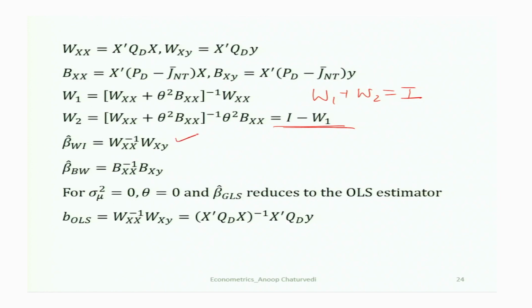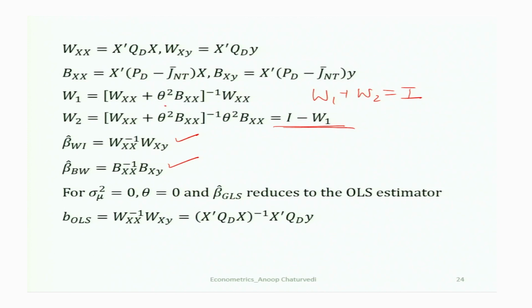This is your within estimator and this is your between estimator. Now, if you take sigma square mu equal to 0, then this implies that theta is equal to 0. And then if theta is equal to 0, then the GLS estimator beta hat GLS reduces to the OLS estimator.